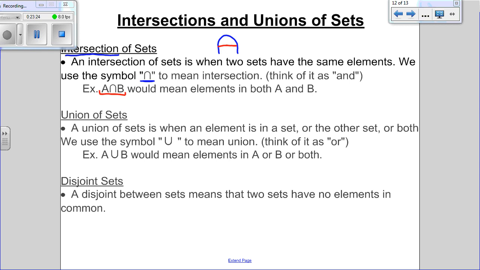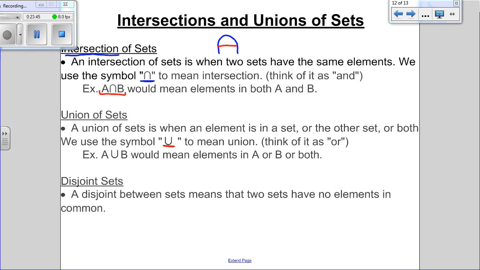The union of sets. I think this one's probably the hardest one, in my opinion. The union of sets means or. So this thing is now an upside down and symbol. I don't really have a cool way of thinking that that means or.